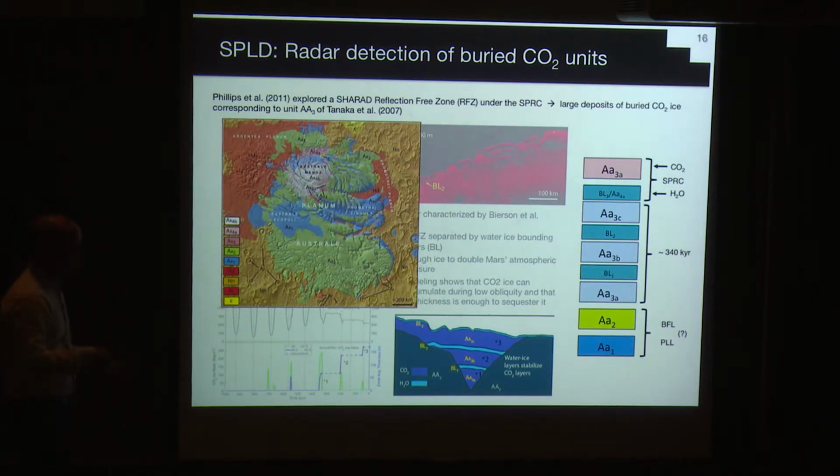There hasn't been detailed work done on this correlation, but roughly they should correspond to that. And then we know that AA3 corresponds to that CO2 unit, which is shown by this modeling to be about 340,000 years old at most. And then you have the SPRC on top with the CO2 unit and the bottom water ice unit.